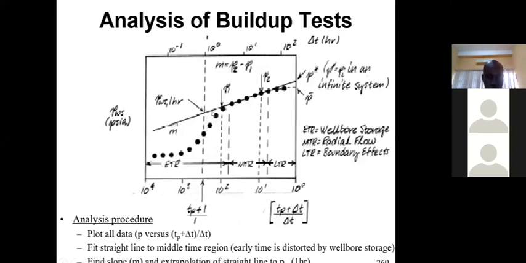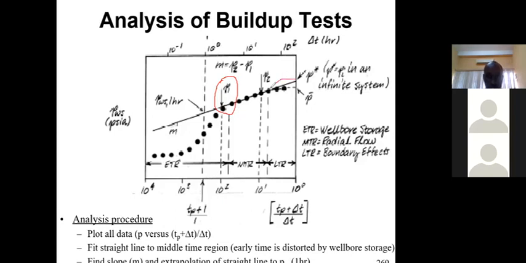So some key points: you will note that prior to P1, all the points before P1 that I've highlighted here are off the straight line. And this just tells you that these points are affected by wellbore effects.